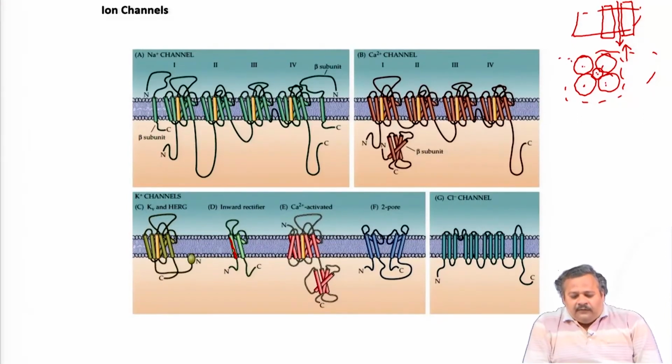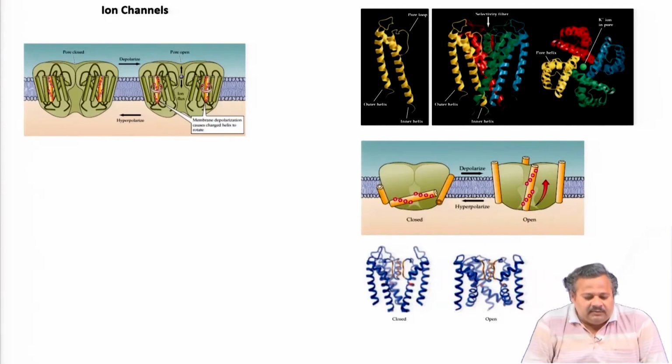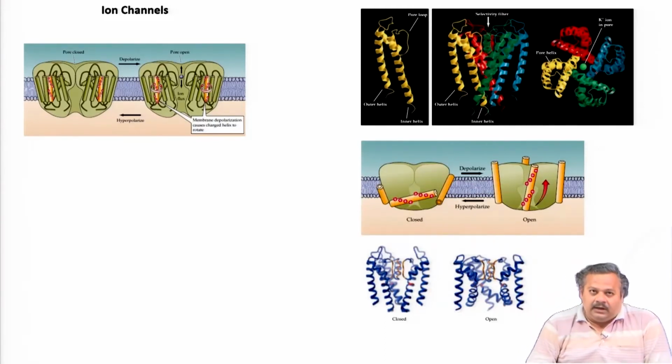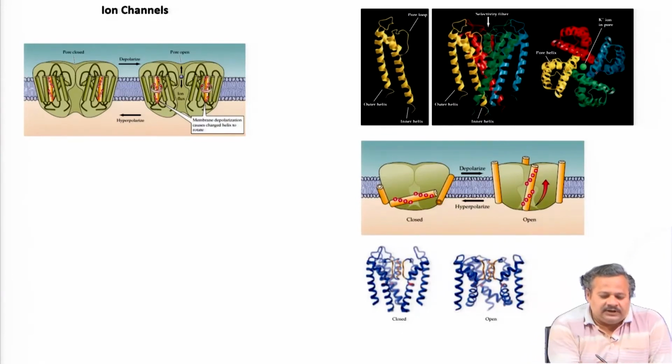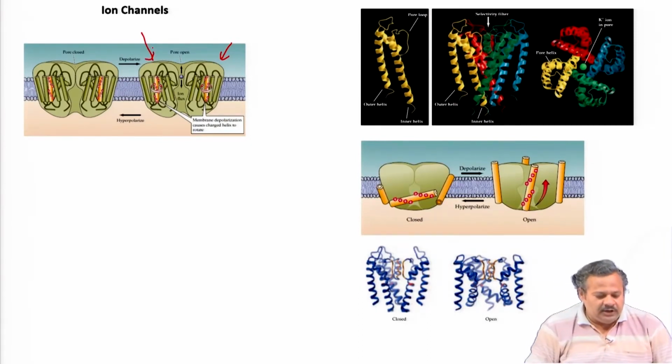If we go into a little more detail from work that was done earlier, there were a number of hypotheses in terms of how the gating of the ion channels occurs. If we look at the cross section, this is just some of the subunits being shown here.